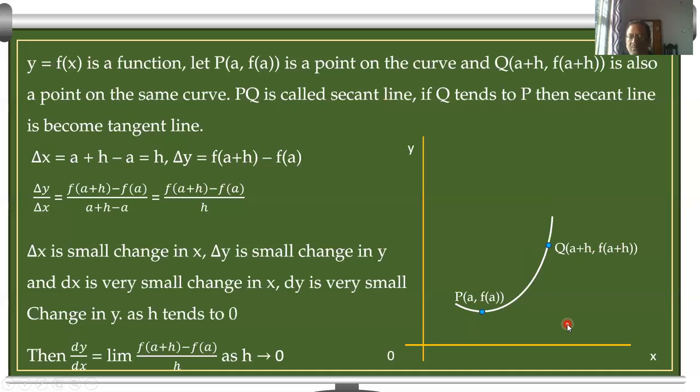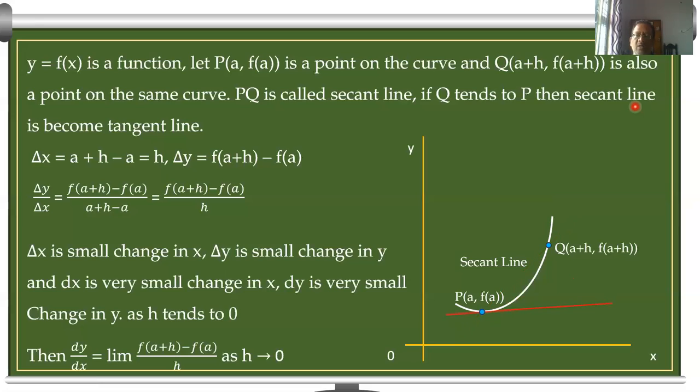Now, if we observe, PQ is nothing but the secant line. If Q tends to P, that means if Q tends to the point P, then the secant line becomes the tangent line.